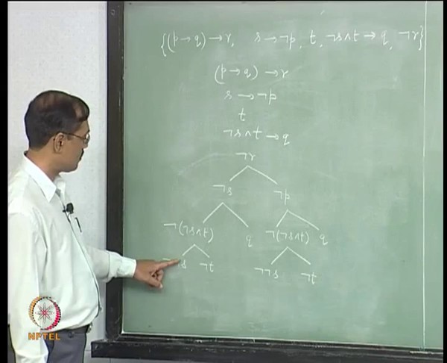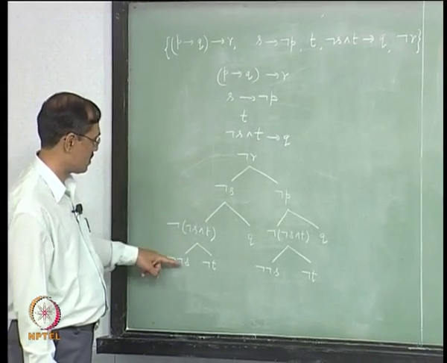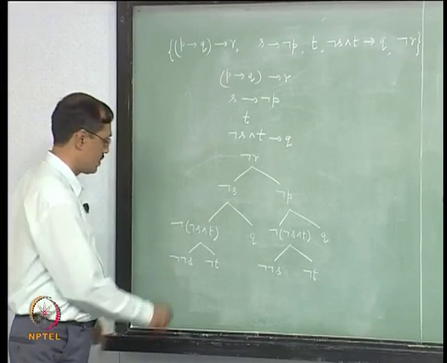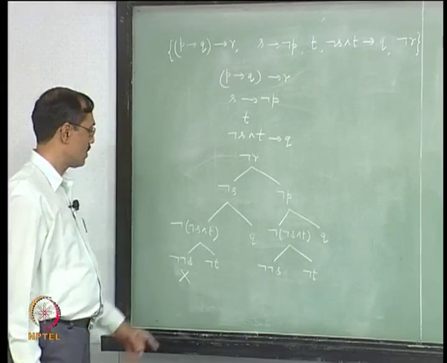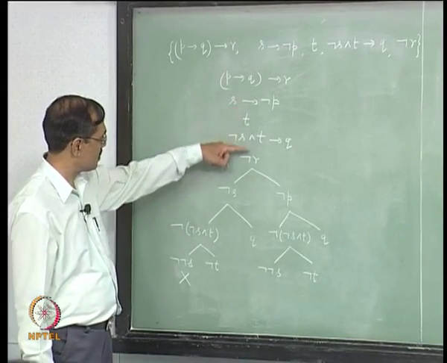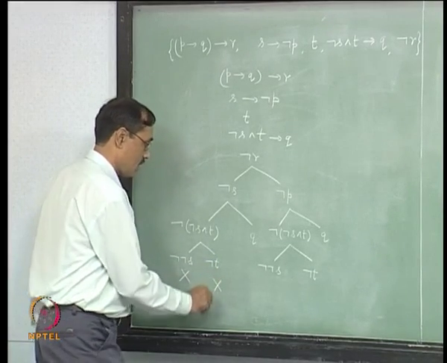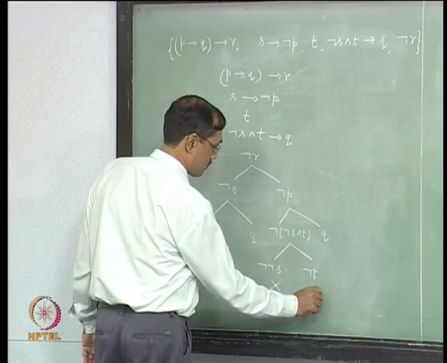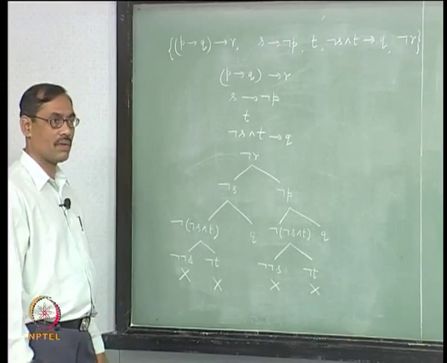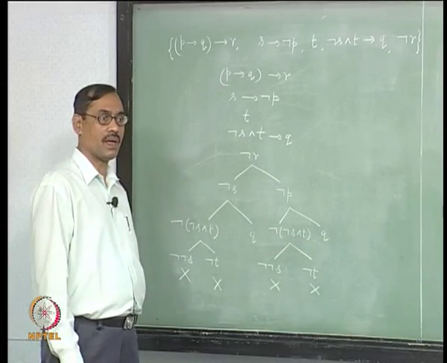So, now this path closes because not S and not S. So, that closes. This path also closes because it is T, not T. Same way this. We have now 2 other open branches, open paths.